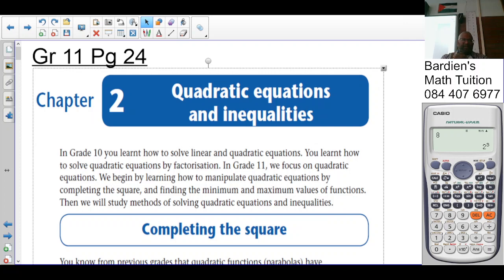Solving quadratic equations by using the quadratic formula. So what I'm going to do is cut this here quickly. That's your next heading. And it's going to make your life so much easier now, for those of you who struggle with factorization.